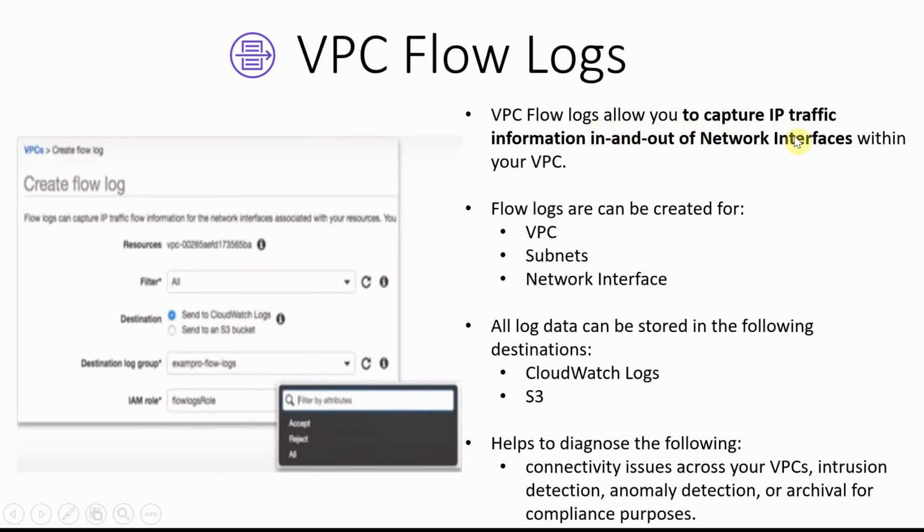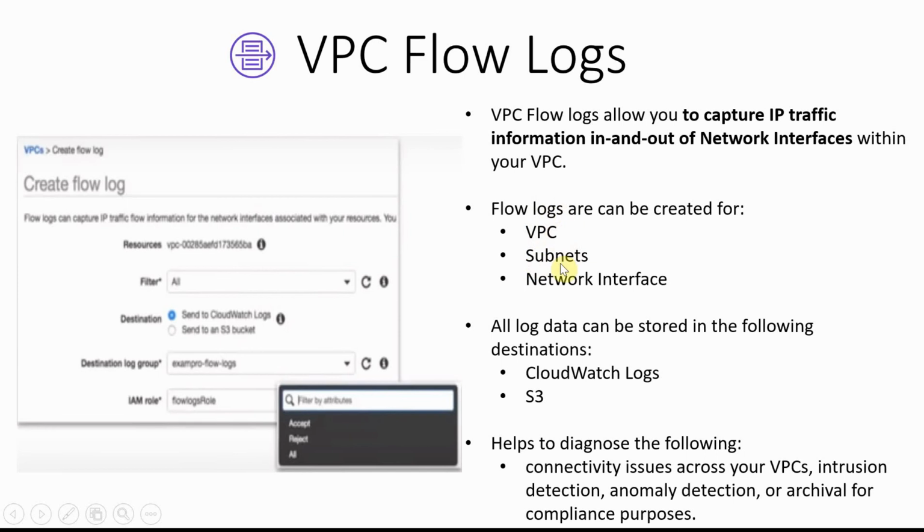It will help you to capture the IP traffic in and out of the network interface. Generally, flow logs can be created at various levels: VPC level, subnet level, and network interface level. These are the three areas where you generally create a VPC flow log, where it can monitor your incoming and outgoing traffic, and push it for monitoring purposes.